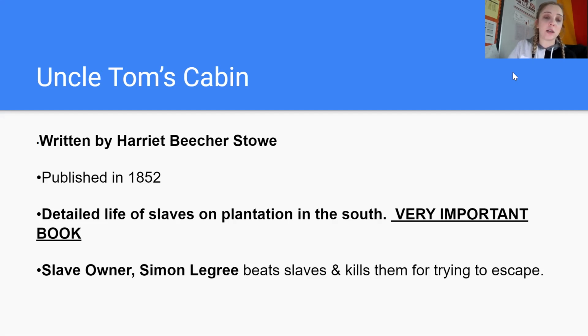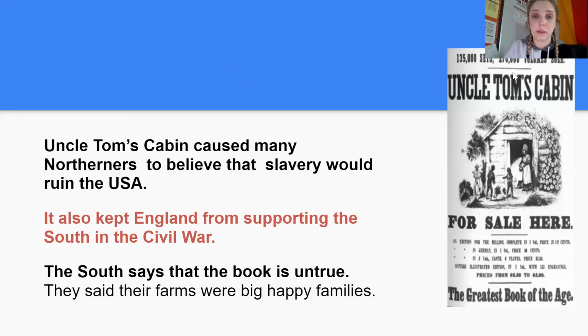But again, it talks about some main characters, one of them being a slave owner called Simon Legree, who just treats these slaves horribly, beats them to death. And so this causes a great social and political outrage by all of those who have read it or do read it.